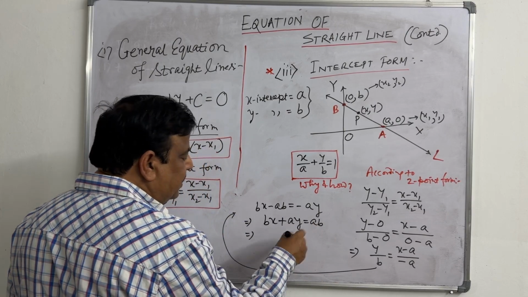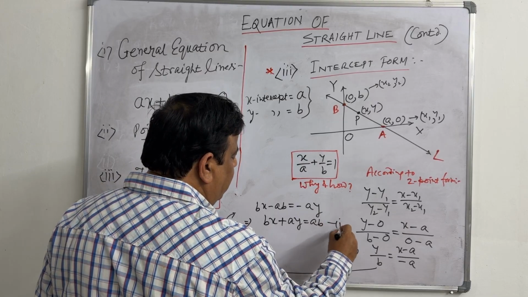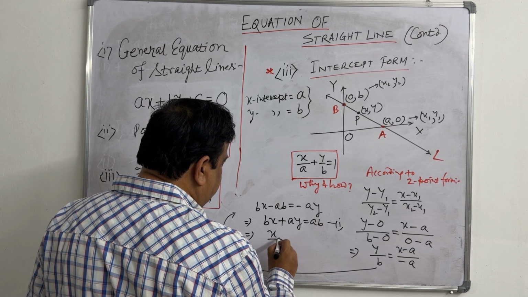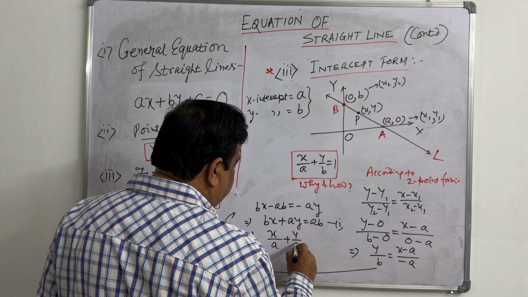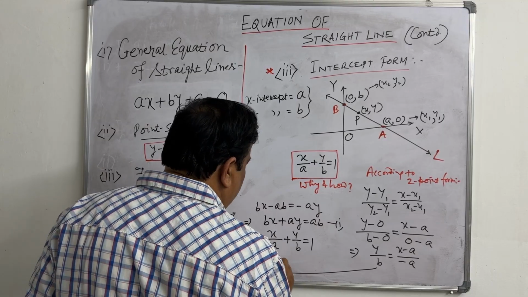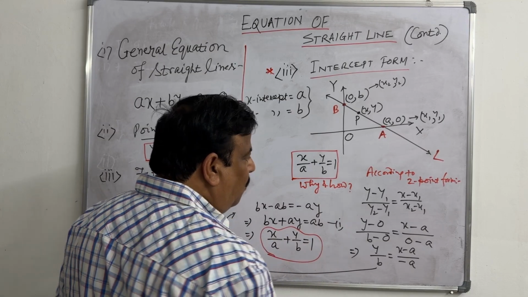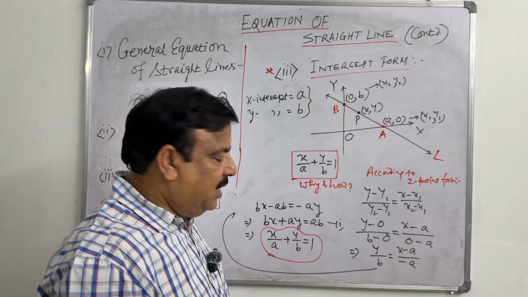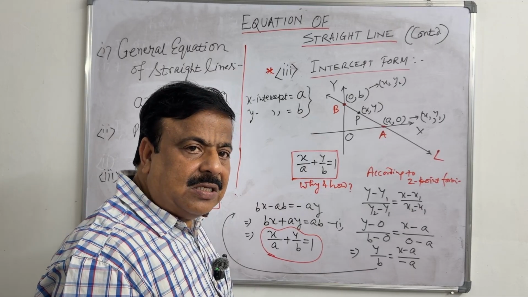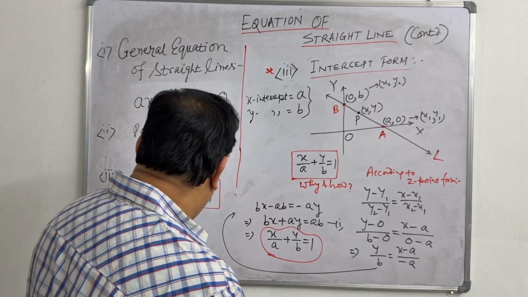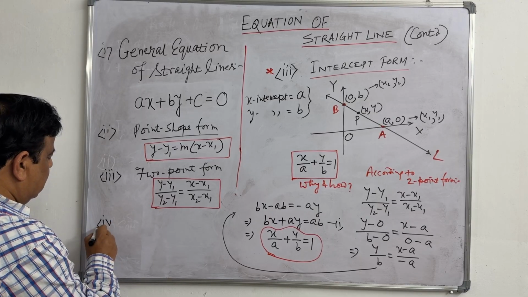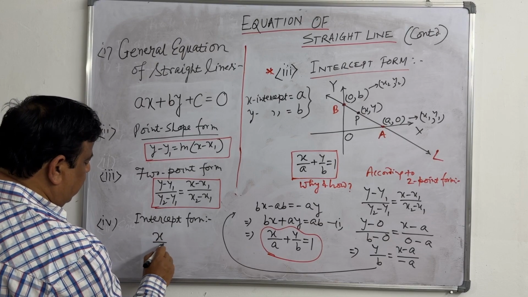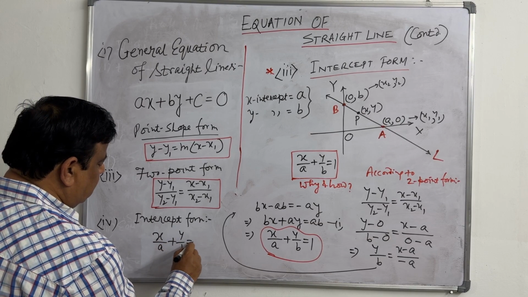Now if you divide both sides of this equation by ab, you are getting x by a plus y by b is equal to 1. So this is the answer of why and how we have got this equation. This is a very famous equation known as intercept form. So we can add this formula here, intercept form. The equation is x by a plus y by b is equal to 1.